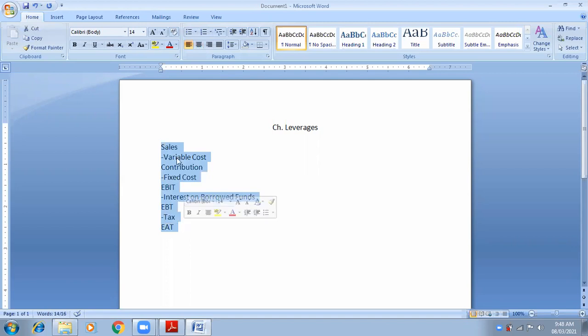Sales minus variable cost, you will get contribution. You will deduct fixed cost, you will get EBIT. Minus interest on borrowed funds, you will get EBT, earnings before tax. Because it is before tax, you need to deduct tax. So less tax, you will get earnings after tax. We have done this format somewhere. Sales minus variable cost, you get contribution. Less fixed cost, you get EBIT.